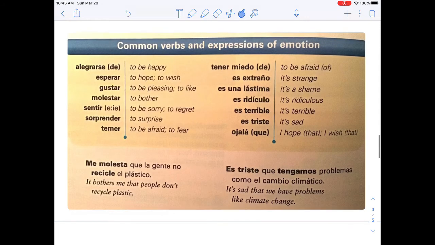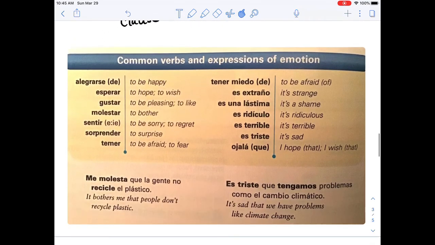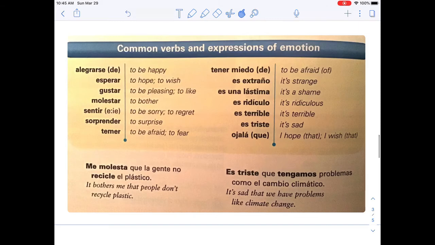Now, when we're looking at this, we're seeing all of these different verbs and expressions of emotion, all right? Now, again, like I said before, we need to memorize these so that we know what they mean.